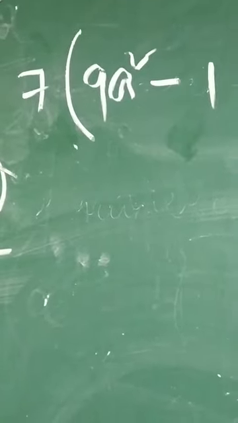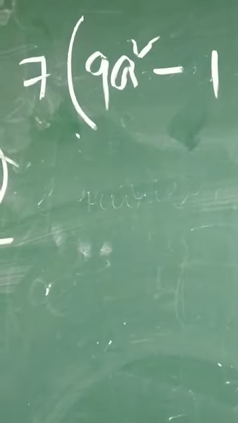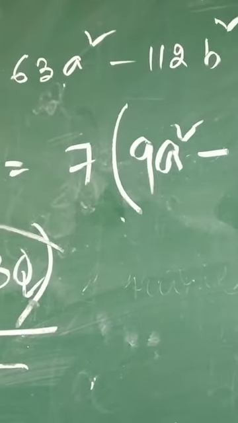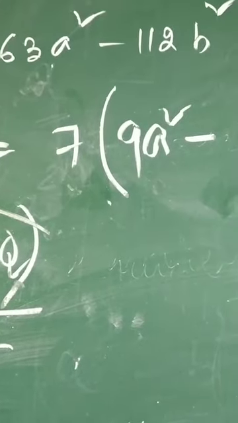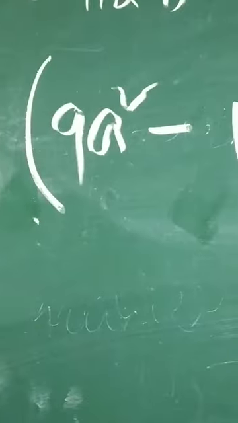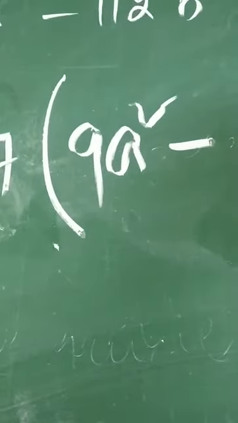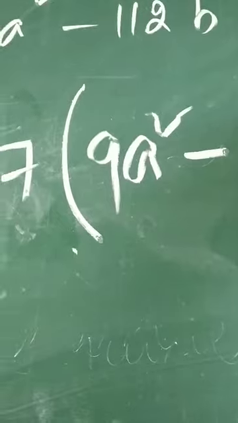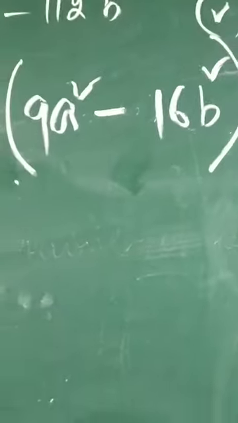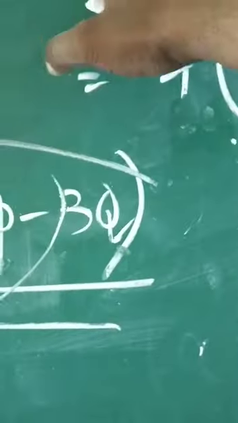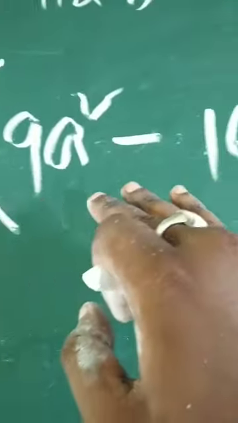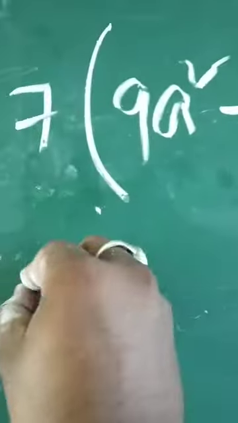Any bigger number? It's 63a square minus 112b square. Yes, 7 only. 7 ones are 7, 6 sevens are 42. Yes, 16b square remains. If I take 7 away from 63a square, it remains 9a square. And if I take 7 away from 112b square, it remains 16b square.